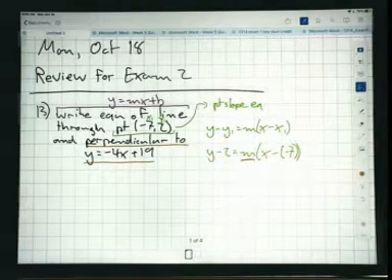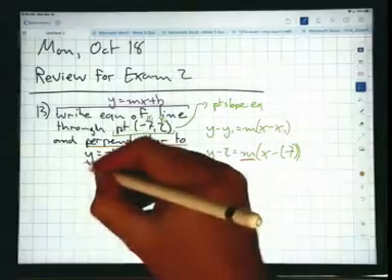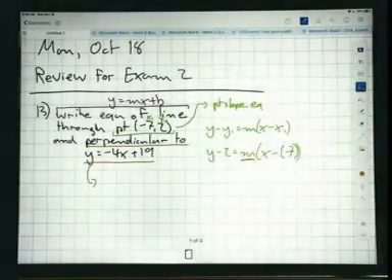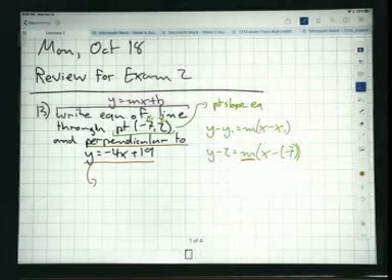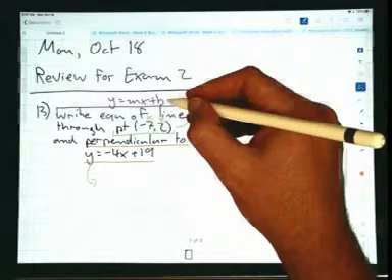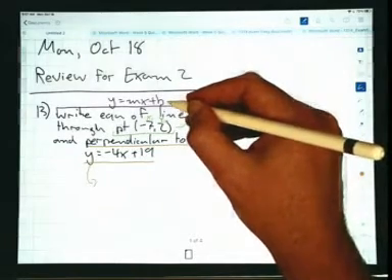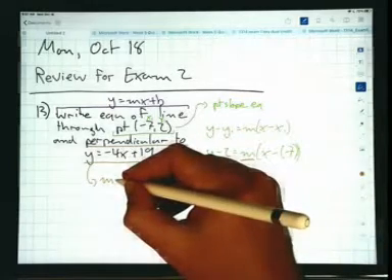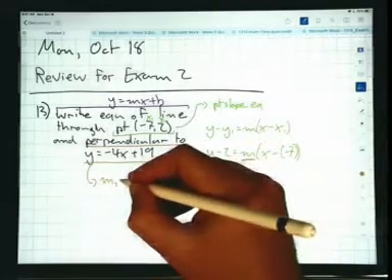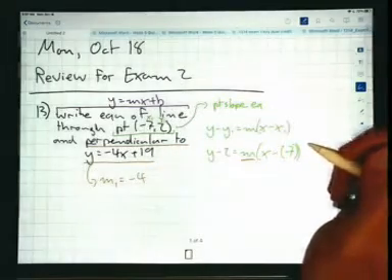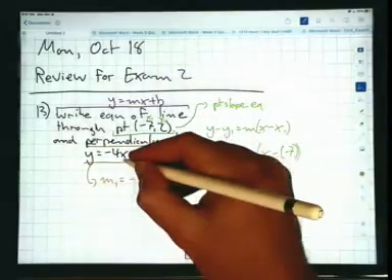So when I look at this equation, y equals negative 4x plus 19, I know that since it's in the slope-intercept form, y equals mx plus b, m for this line, we'll call this m1, is equal to negative 4. That's the slope of this line up here.